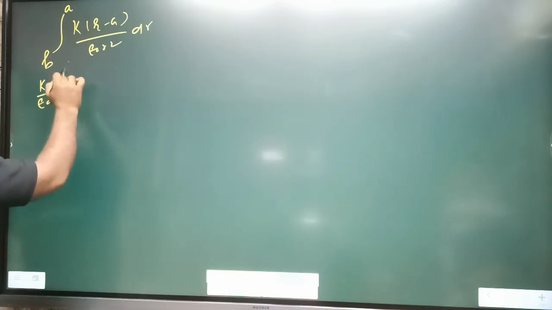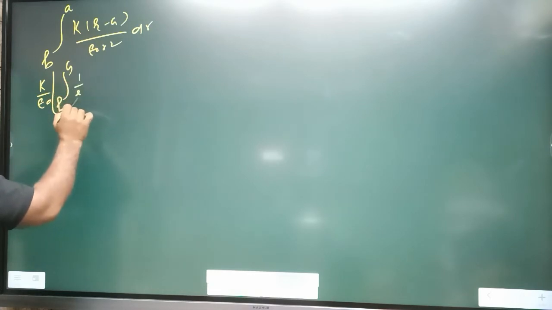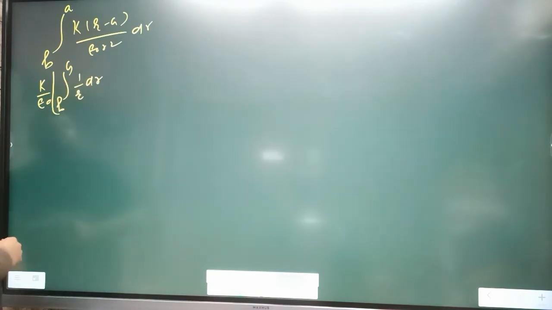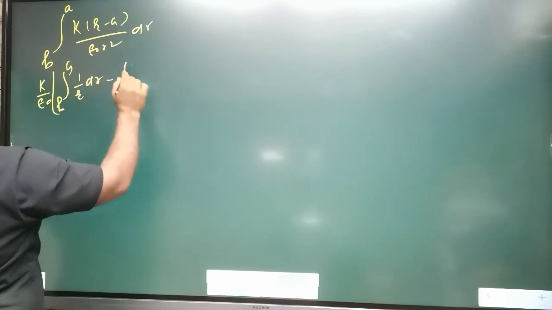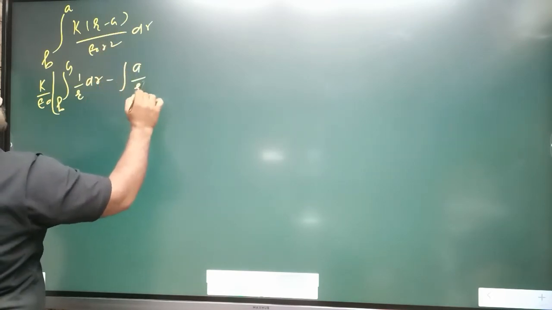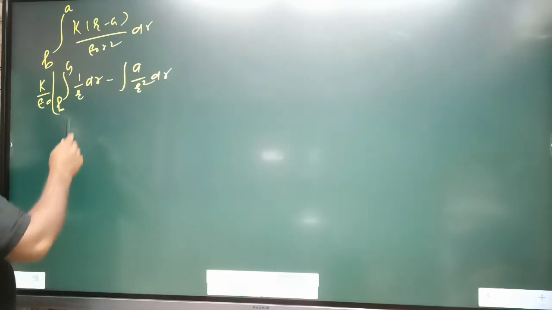Integration b to a, splitting this one. 1 r gets cancelled, means this becomes 1 by r into dr. Next, split it: minus a upon r square into dr. Yes or no? A upon r square into dr.